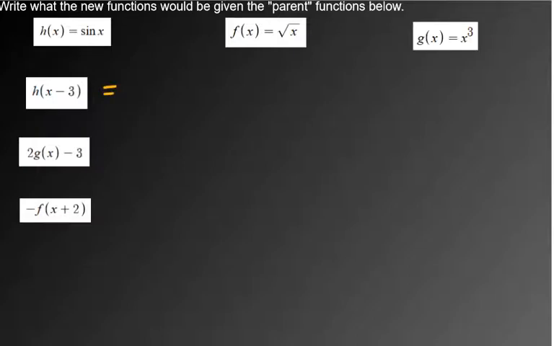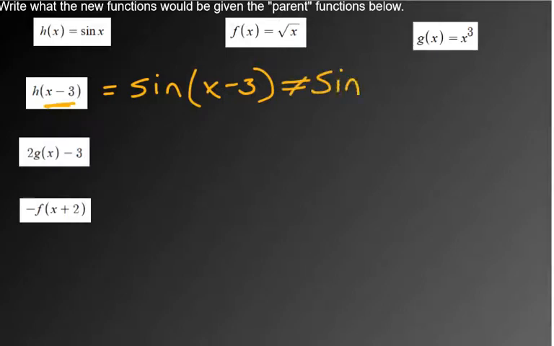So in this first one, I want you to write the new function given the parent function sine of x above. The input is changing to x minus 3, so we would just have sine of (x minus 3). It's important to know that this is not the same thing as sine of x, minus 3.